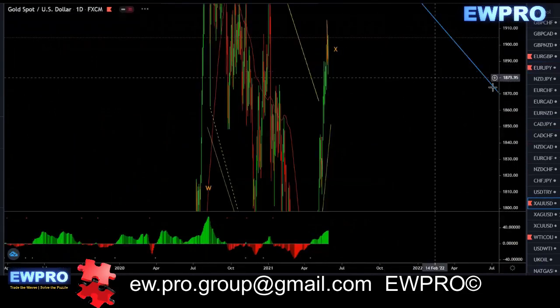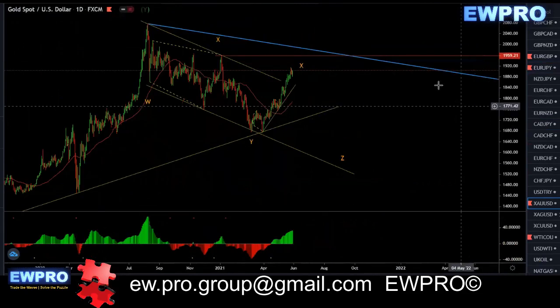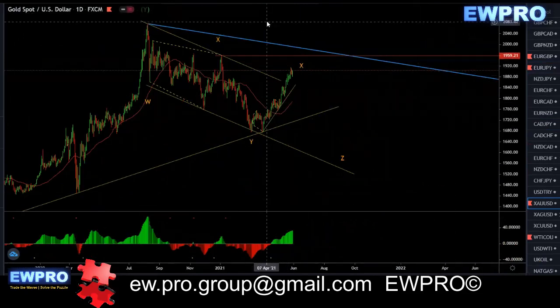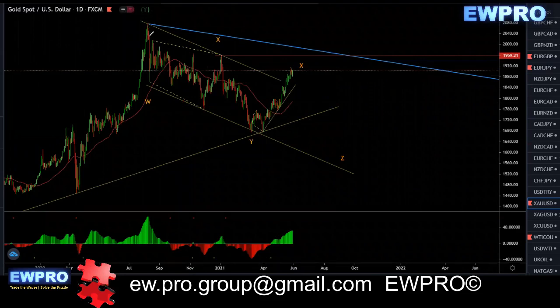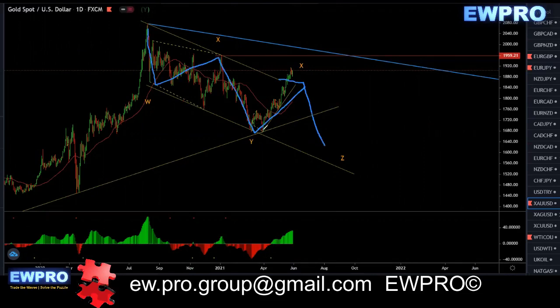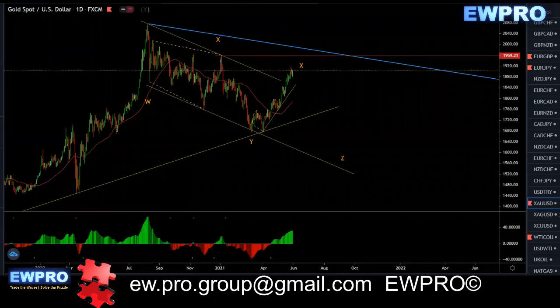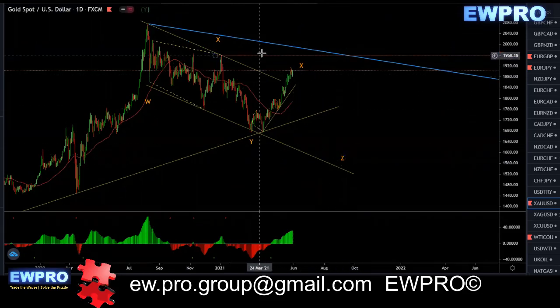Gold. So this one's broken through. I was looking at this as WXY, and we'll get that X2 with bear hidden and possibly get that Z down, breaking the low. Now we've broken out of the trend. So to get that, it's still possible.